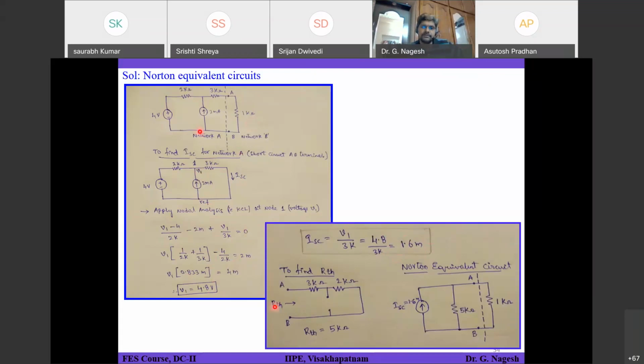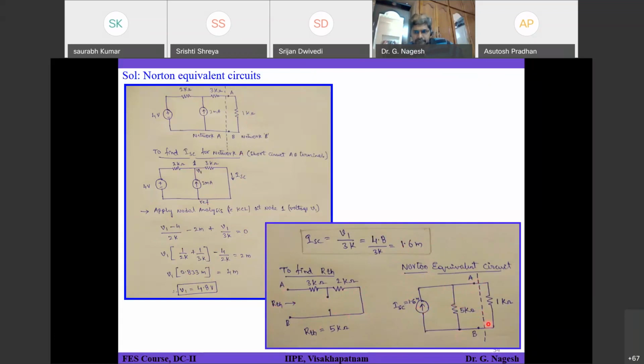Disconnected and looking into those terminals, current source open circuited, voltage source short circuited, you observe it to be 5K. So connect this current source ISC value in parallel with this 5K. So that is called as Norton's equivalent circuit.